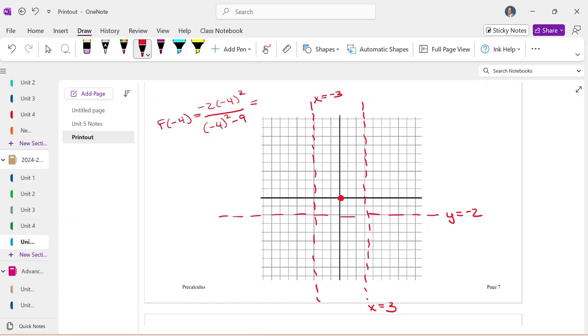So -4 squared is 16, times -2 is -32. 16 minus 9 is 7. So basically this would be -4 and 4/7. So when you put in -4, you get -4 and 4/7, so somewhere around there.